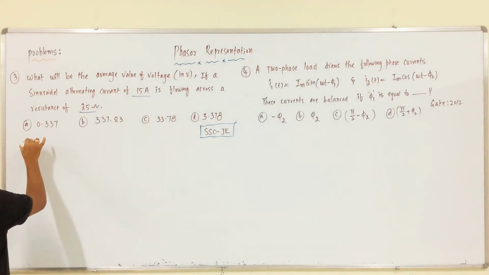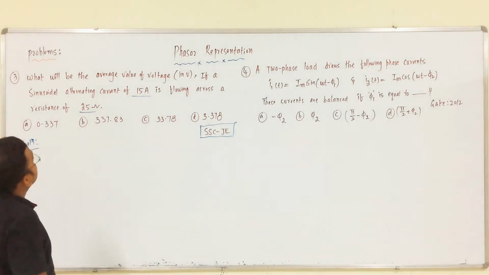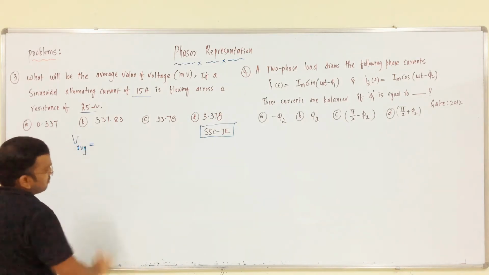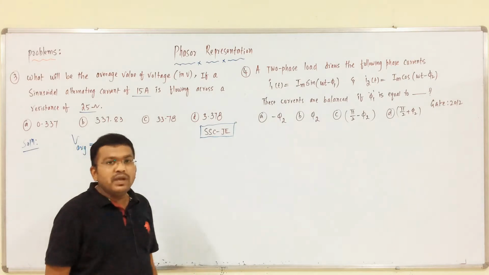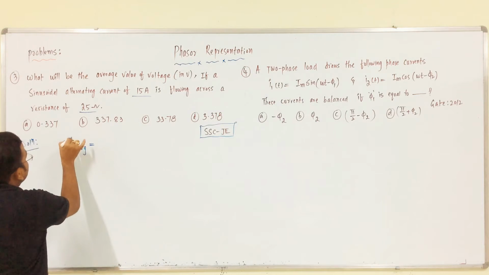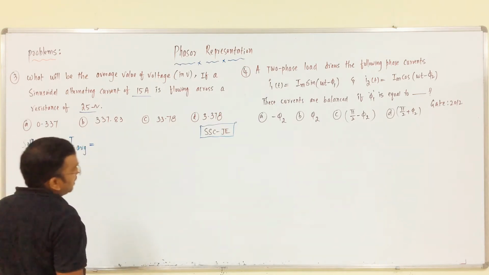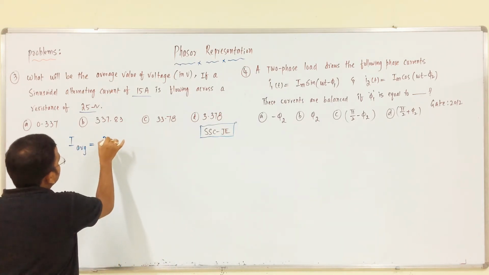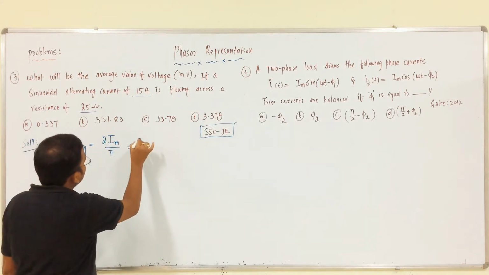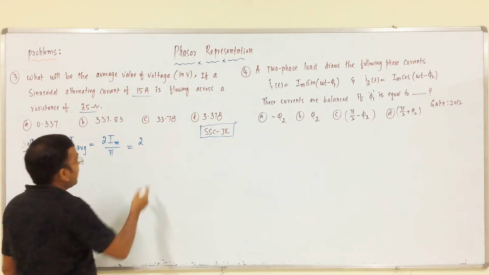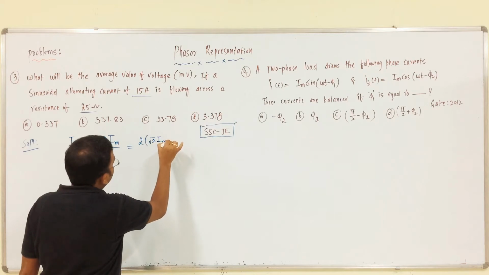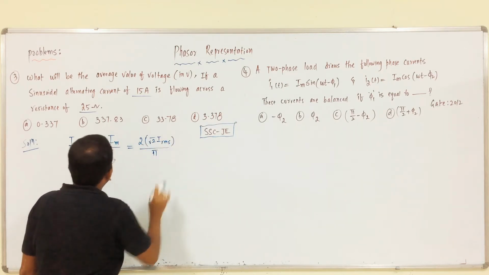Solution is simple, we have to calculate the average value of voltage. What is the formula for V average? 2 Vm by pi. Sorry, this is current. Whatever the quantity, whether it is voltage or current, the formula is the same. I average is 2 Im by pi. From this, 2 into Im is root 2 IRMS, so I average is root 2 IRMS by pi.